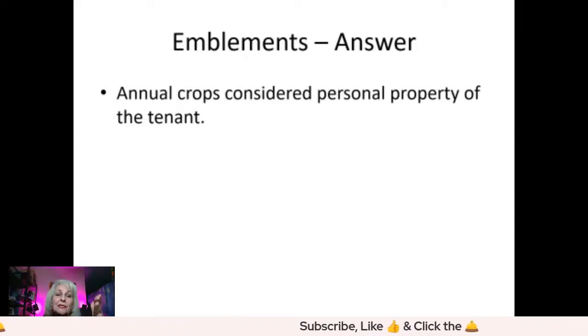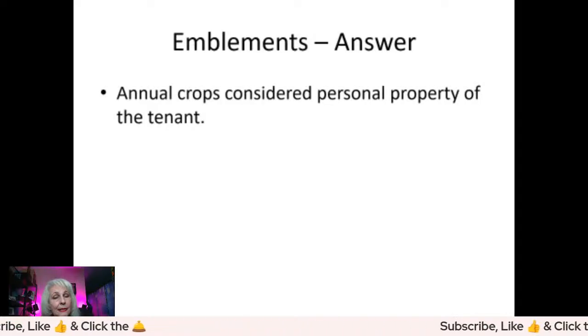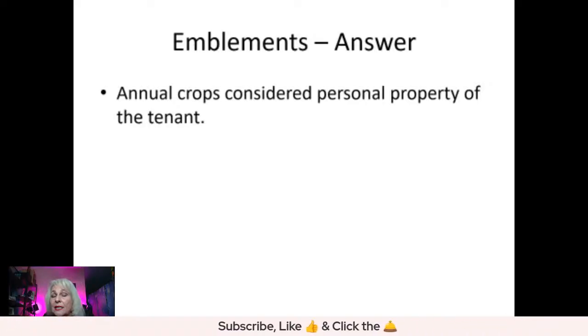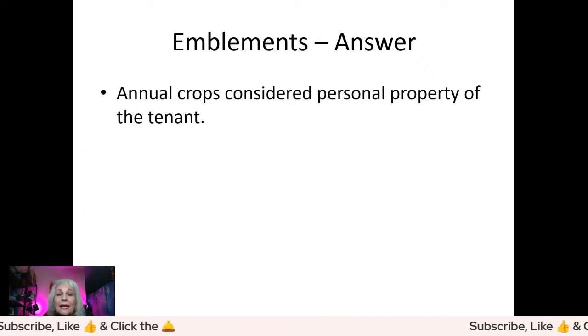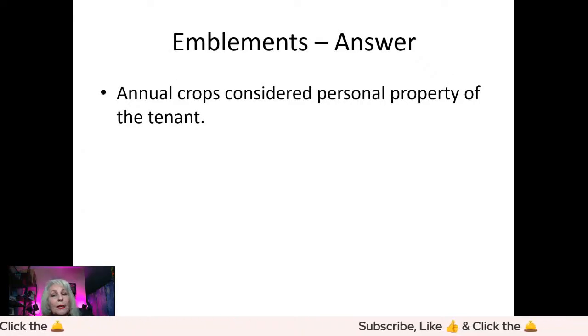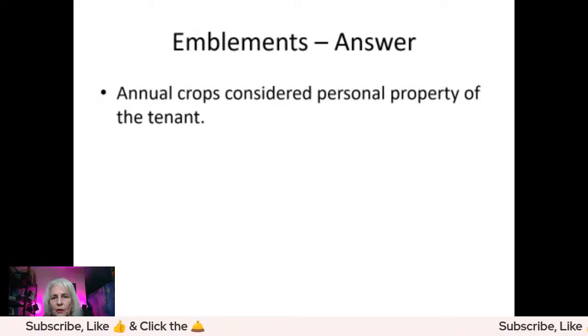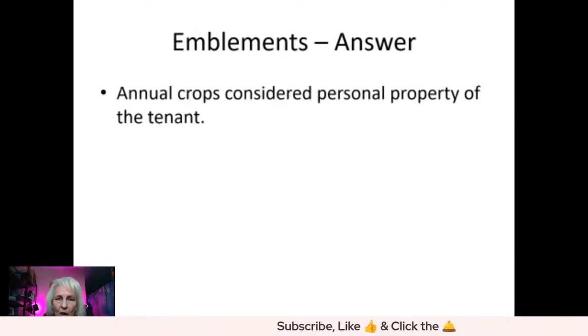If a person is leasing the land, those emblements, which are the crop, belong to the lessee, but the land belongs to the lessor, the owner, and they are leasing the land to a farmer. It's less expensive for a farmer to lease the land than to purchase the whole acreage and own it for themselves, especially when farming is becoming less and less.